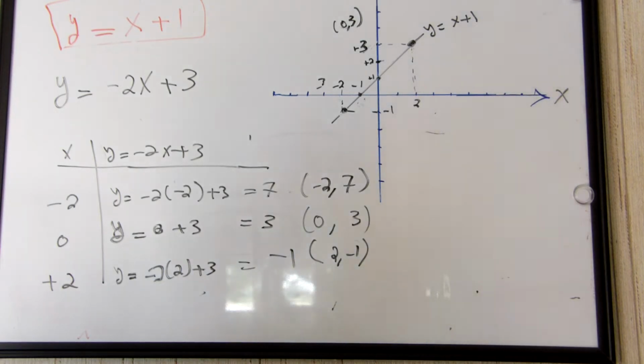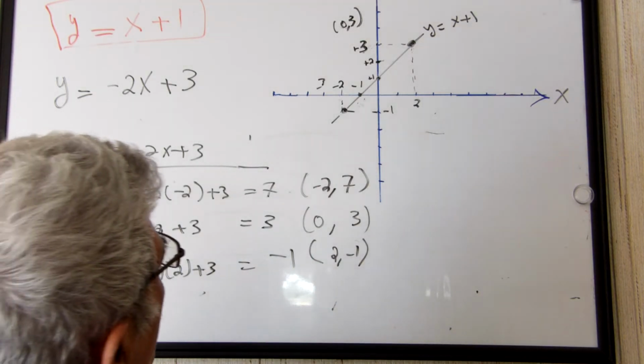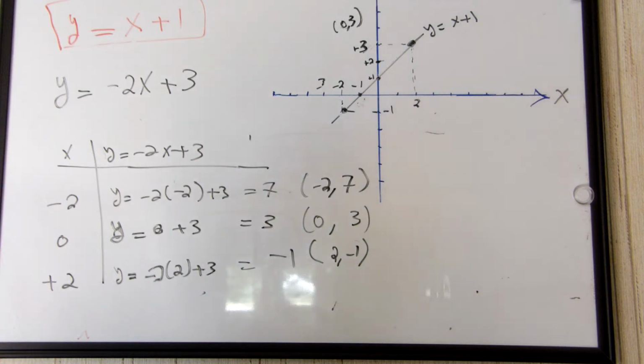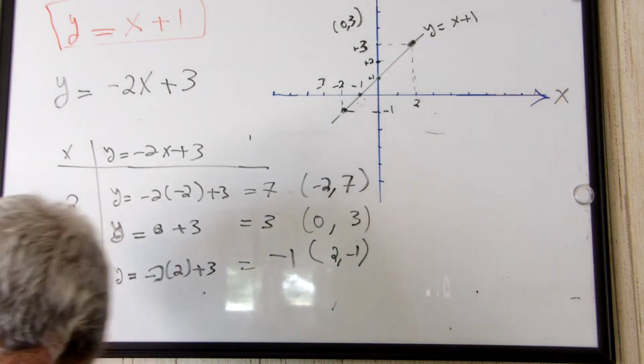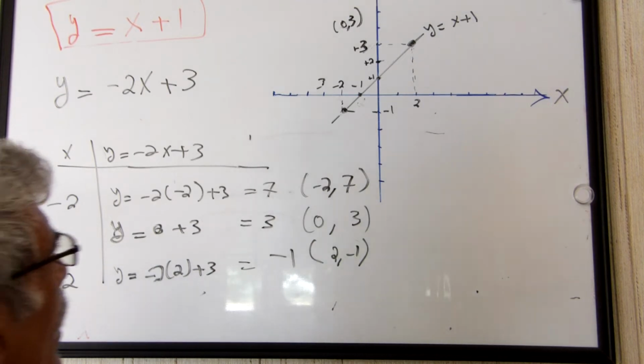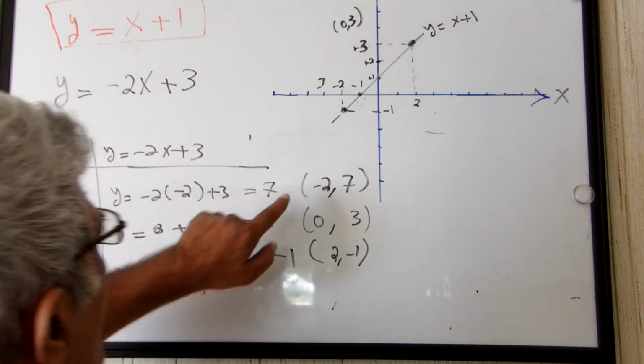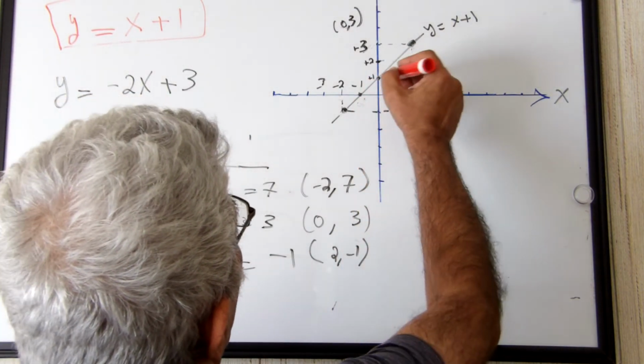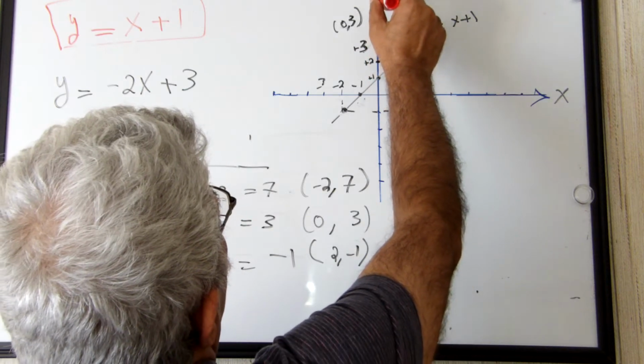So we have 3 points here. Let's draw what the graph looks like. Okay, x is minus 2, y is 7: 1, 2, 3, 4, 5, 6, 7.